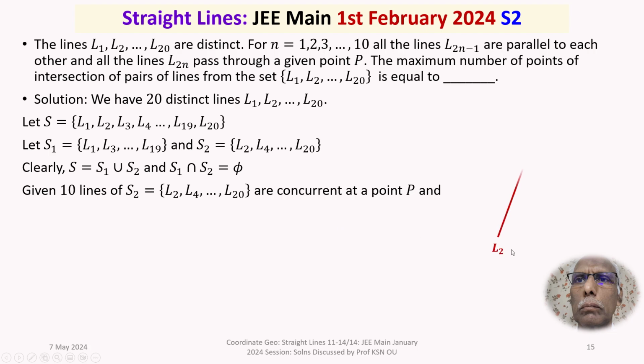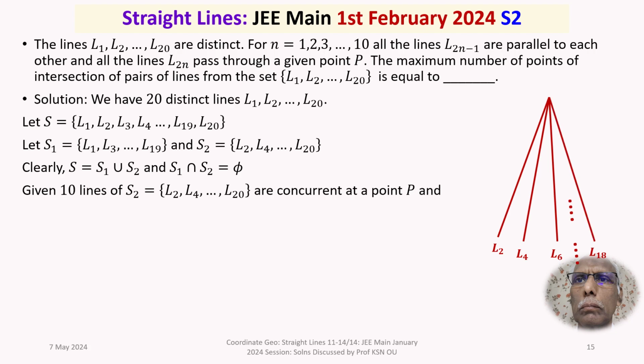So L2, L4, L6, ..., L18, L20 are concurrent at a point P. All of them intersect at one point only, no other points.